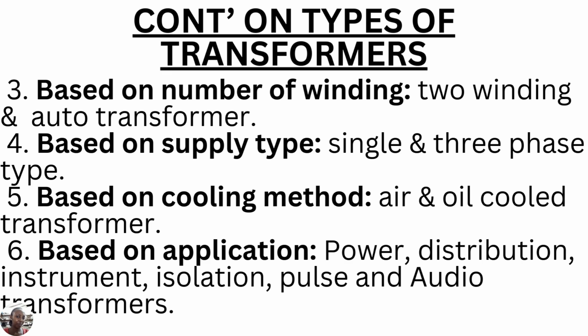Number 5, based on the cooling medium. Here we have air and oil-cooled transformer. Number 6, based on application. Here we have power, distribution, instrument, isolation, pulse, and audio transformers.